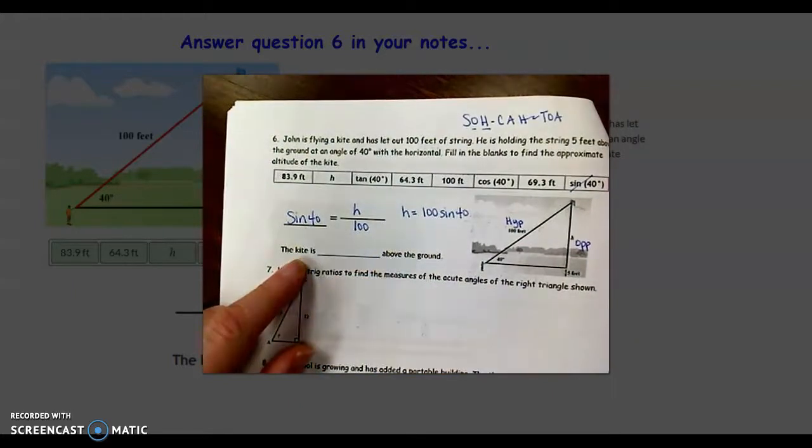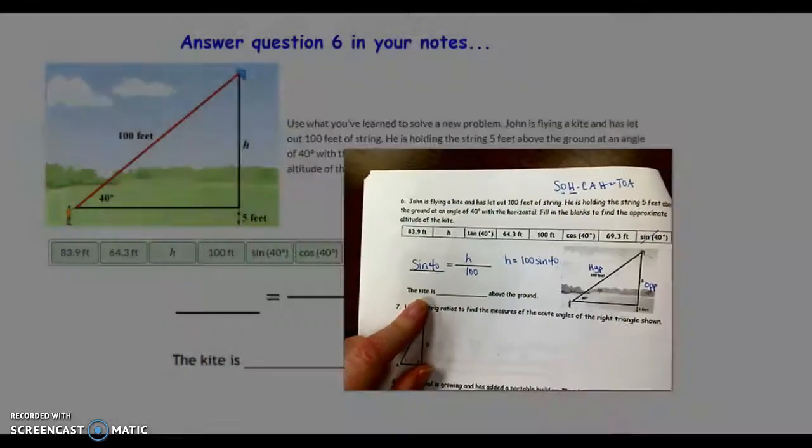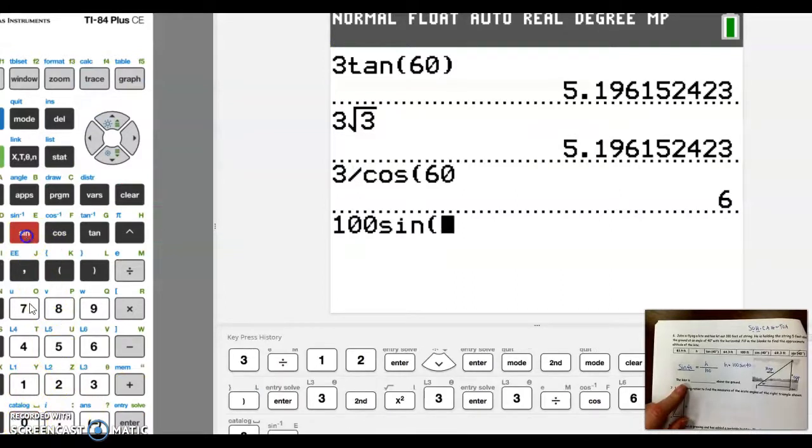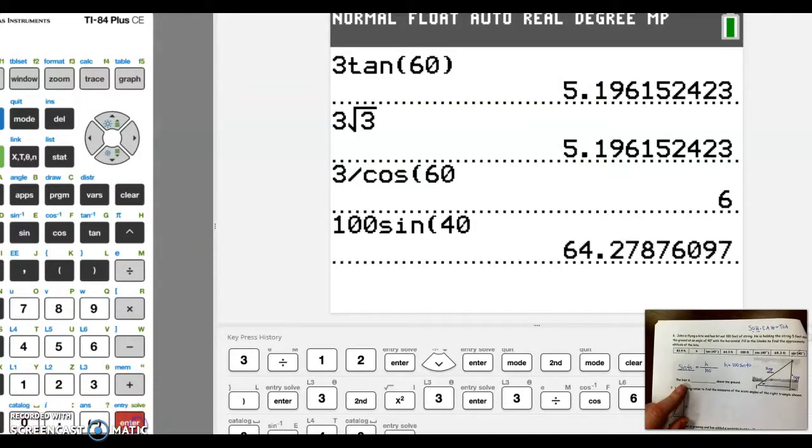But it's in the numerator, so we are multiplying. So we'll just simply put into our calculator 100 sine of 40. And we see that when we round to the nearest tenth, we get this answer, 64.3 feet. Don't forget units anytime your units are given.